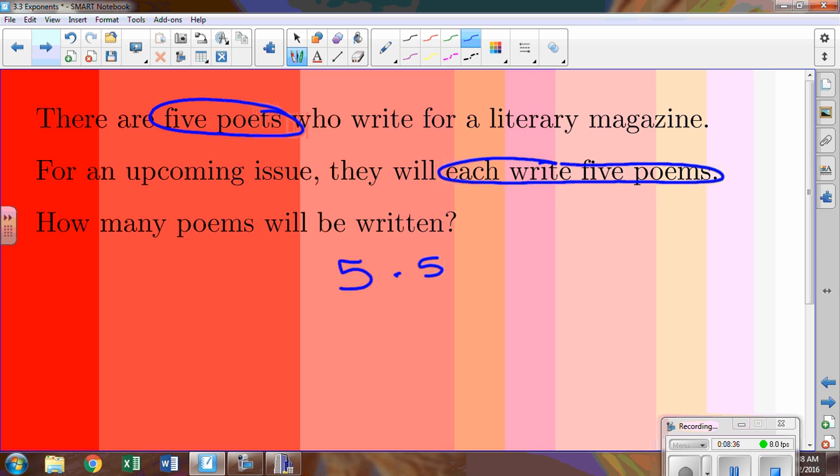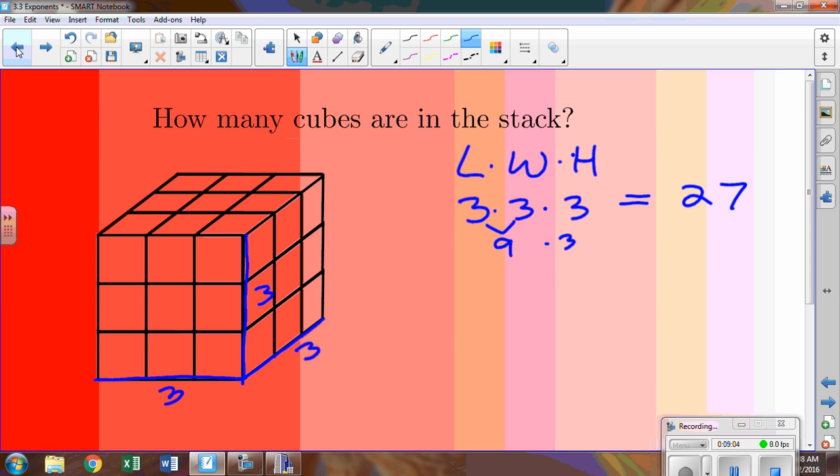We're reading the problem, searching for how many times 5s they're looking for. On this one, we only had 2, so how many poems will be written? Just 5 times 5 equals 25 poems. And really, that's it. We're done. This shows us how exponents can be used in a simple context like poetry in a magazine, or how many boxes are stacked up over here.